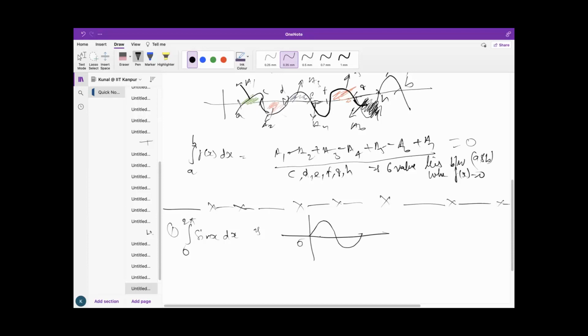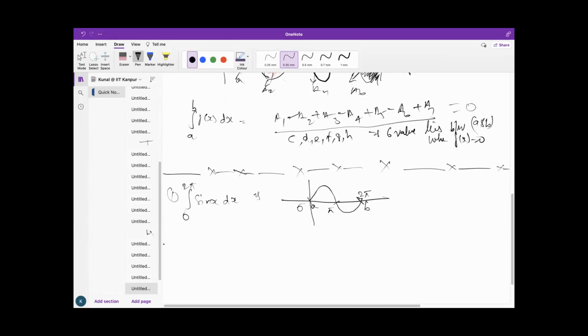It is symmetrical, and we know that this is our A, this is our B, and this is pi, and the area is 0. That means mathematically its value is 0 because this part is A1, this part is A2, and the graph is symmetrical, so it's 0.